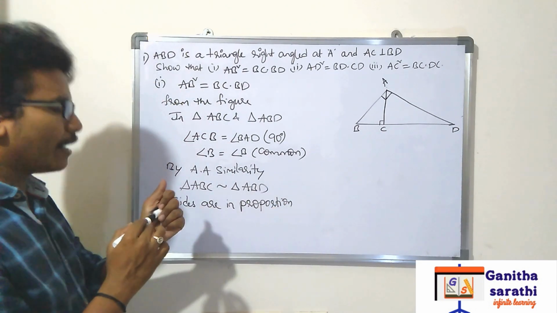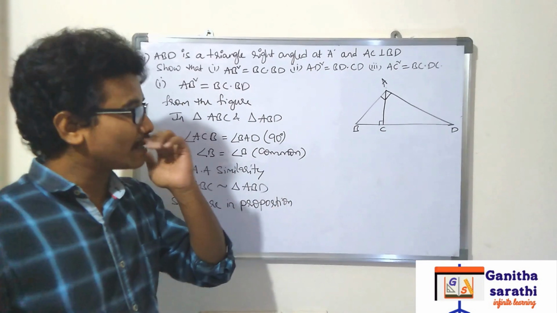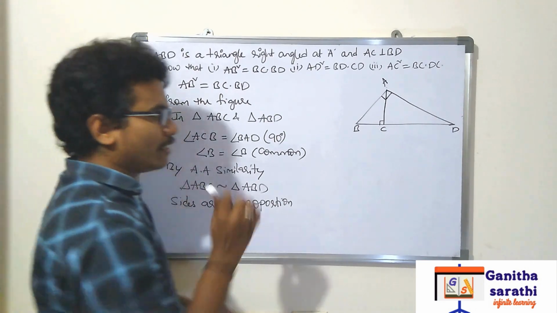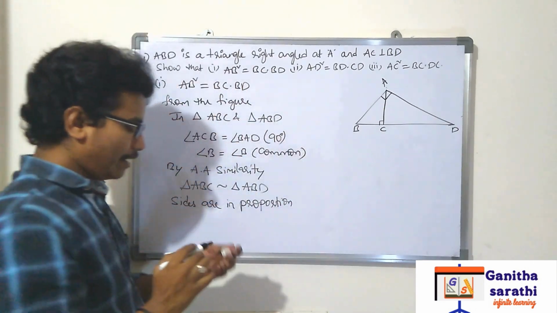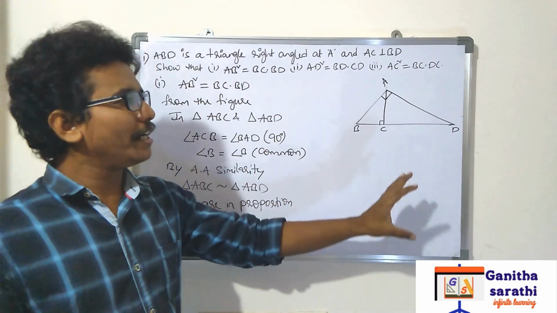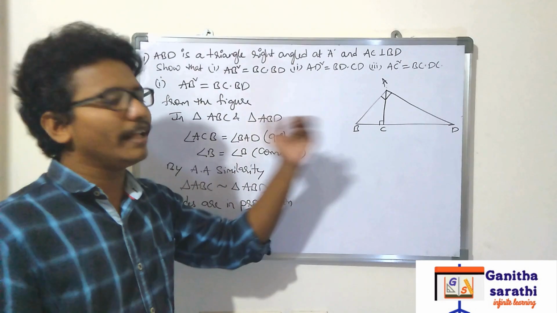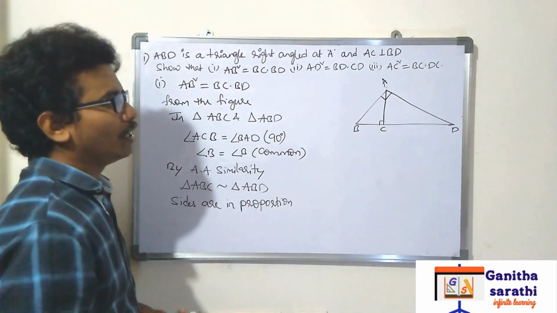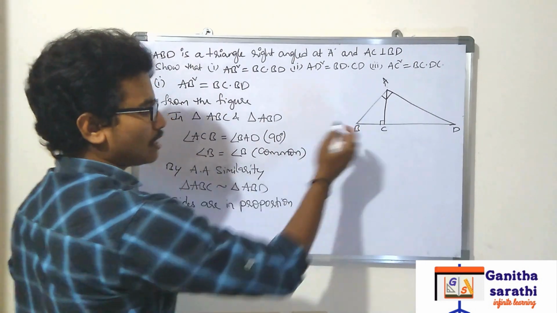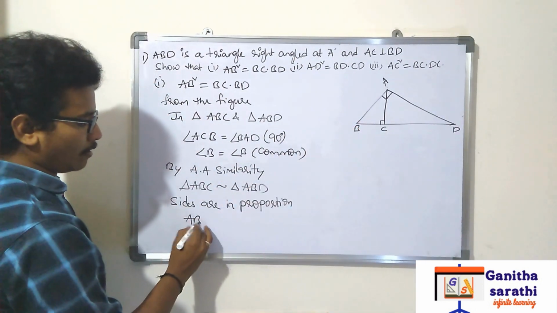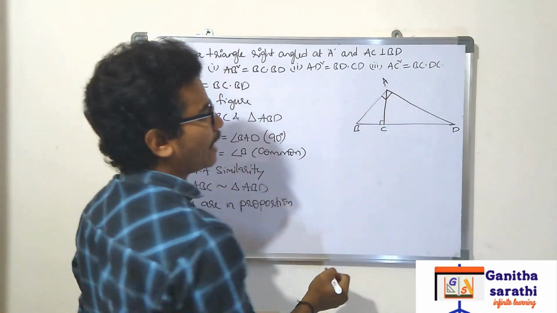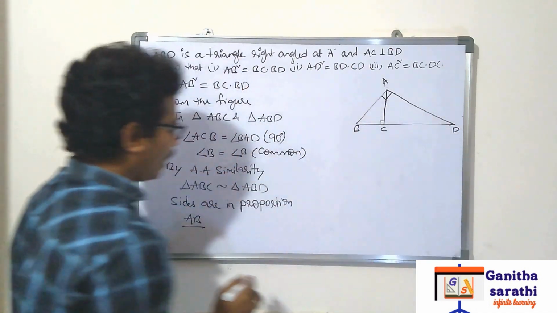Now we have to be careful while taking the sides. What are the sides we can take now? See, I am starting from the small triangle. Okay, in the small triangle, definitely in right angle triangles you can identify the hypotenuse, right? First of all, take out the hypotenuse, it will be easy for you. So now in the small triangle, what is the hypotenuse? Hypotenuse is AB. By, in the big triangle, what is the hypotenuse? If angle A is 90 degrees, BD will be the hypotenuse.